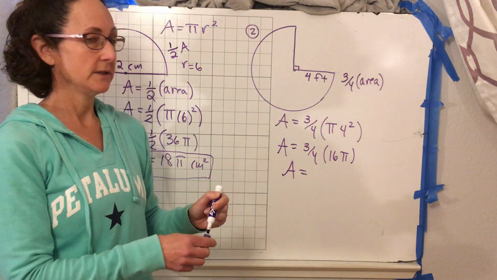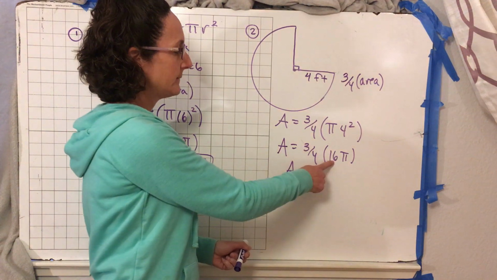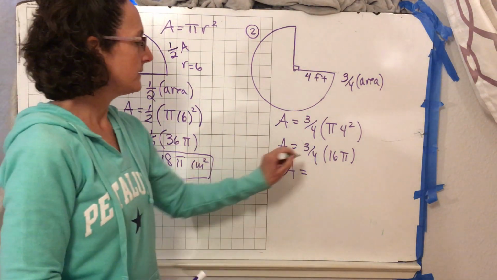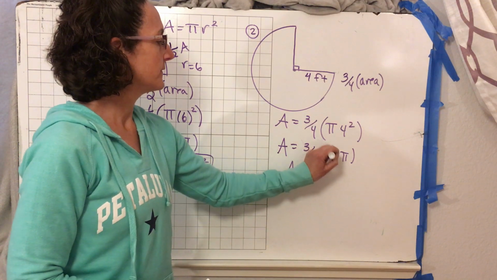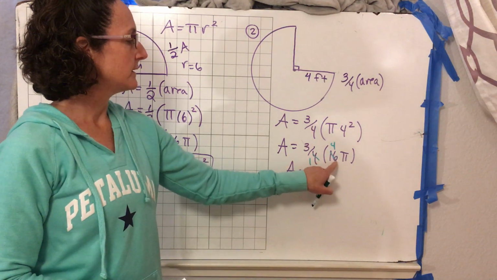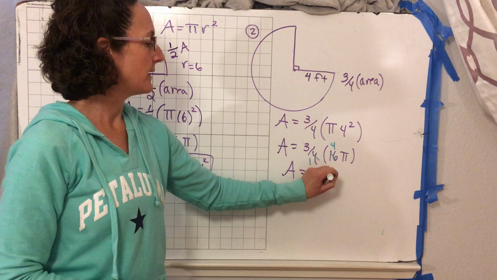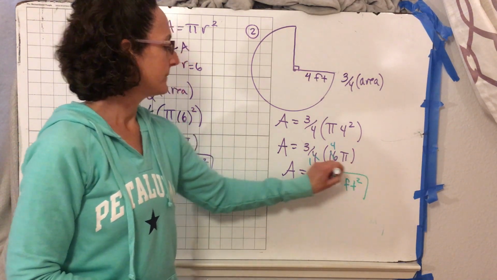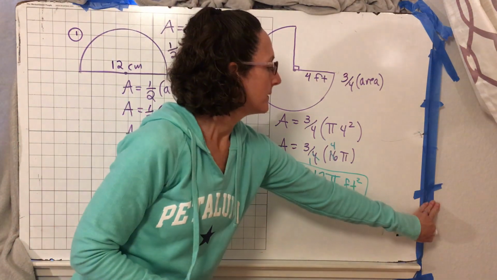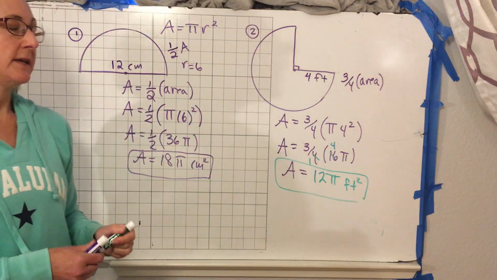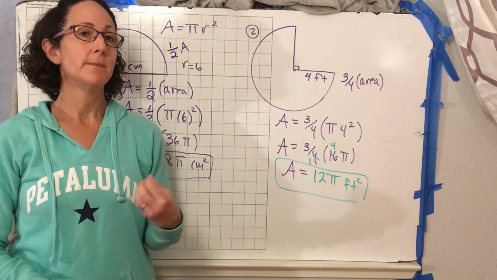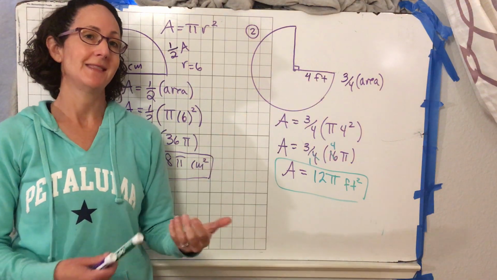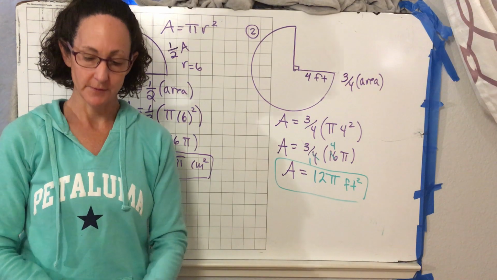Again, your choices are to do 3 times 16, divide that by 4, or it's a little bit easier for me to reduce these first. 4 goes into 16 4 times, you get 12 pi feet squared. Okay, all right. So if I give you a part of a circle, figure out what part you know, half the circle, 3/4 of the circle, and then just find that fraction of the area, okay?